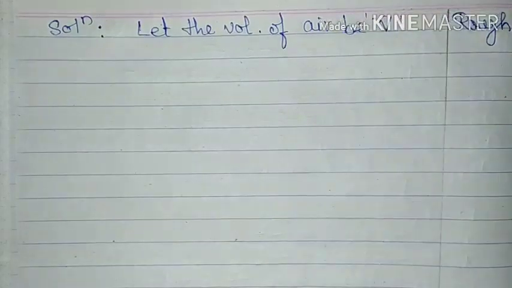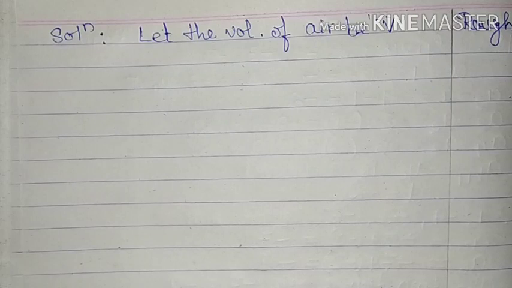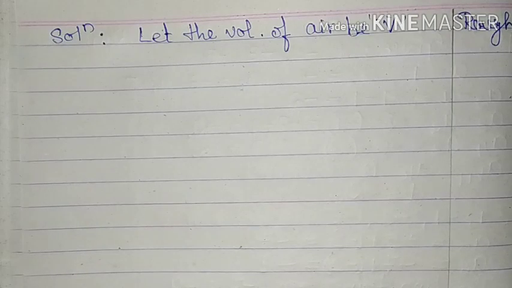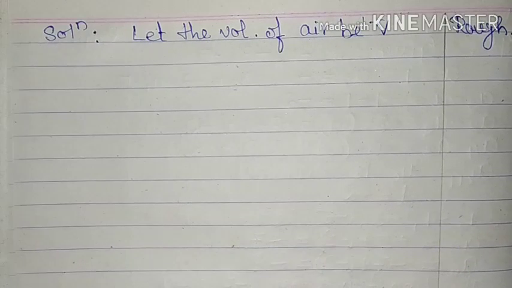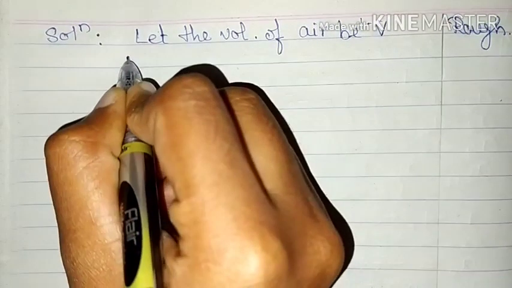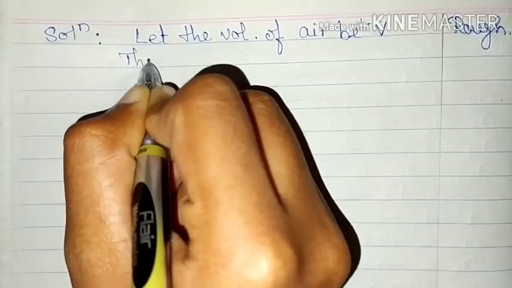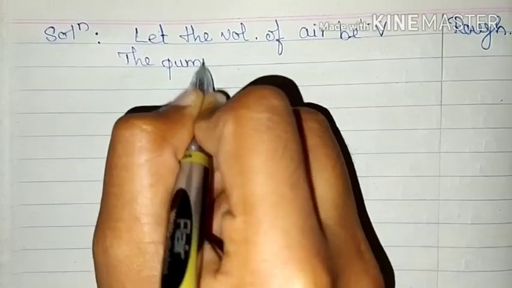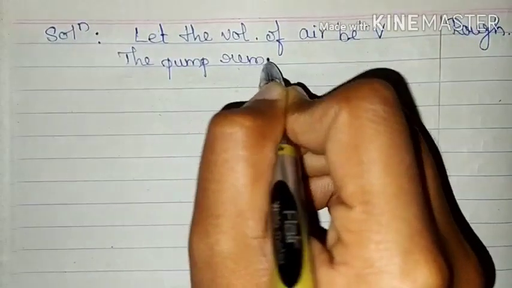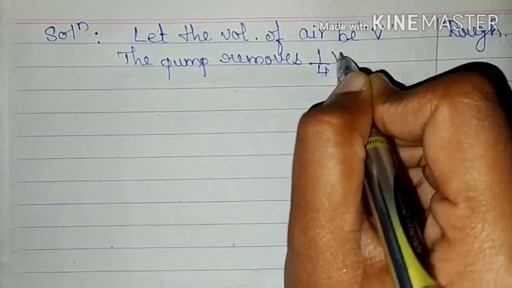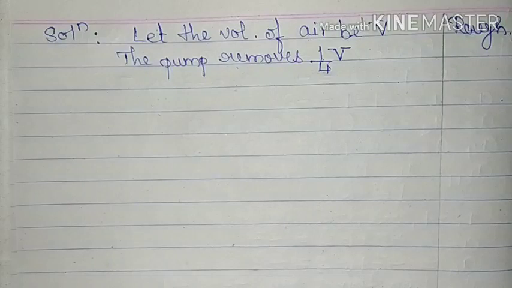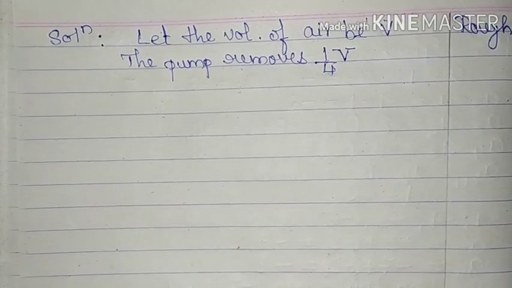Okay, so now they have used a vacuum pump and they are removing the air from the cylinder, and each time the vacuum pump removes about 1/4 of the air in that cylinder. So that means the pump removes 1/4 of V, right? 1/4 of the volume that is present.